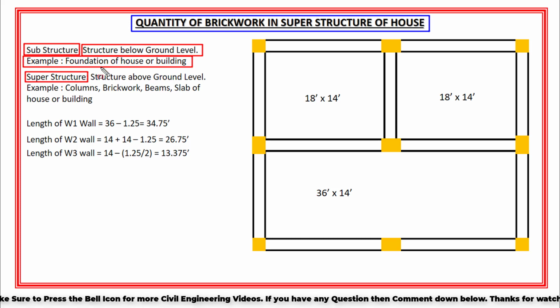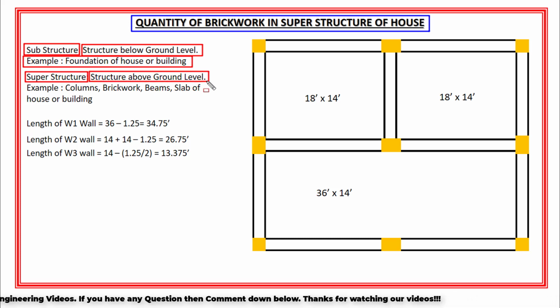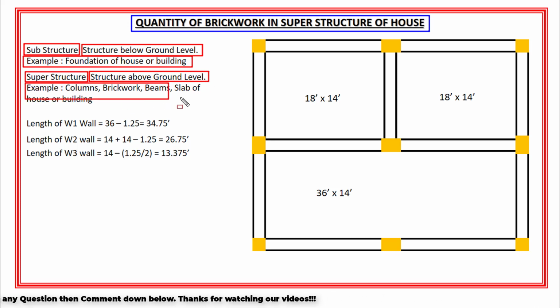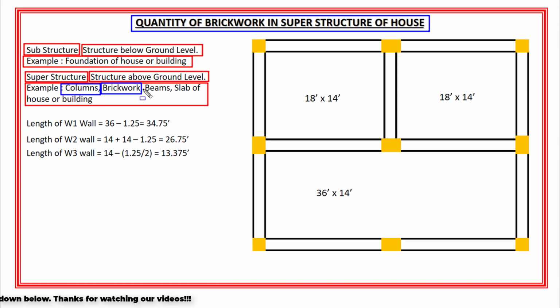Next is the superstructure. The structure above the ground level is called the superstructure of the building or house. And the superstructure of a building or house includes columns, brickwork, beams and slab.